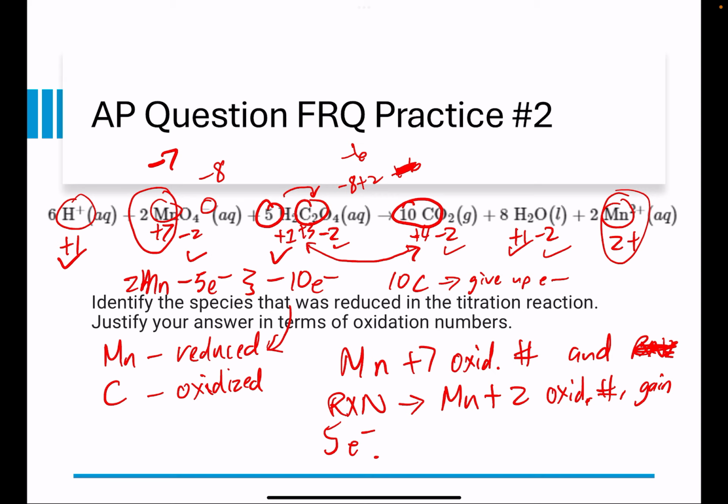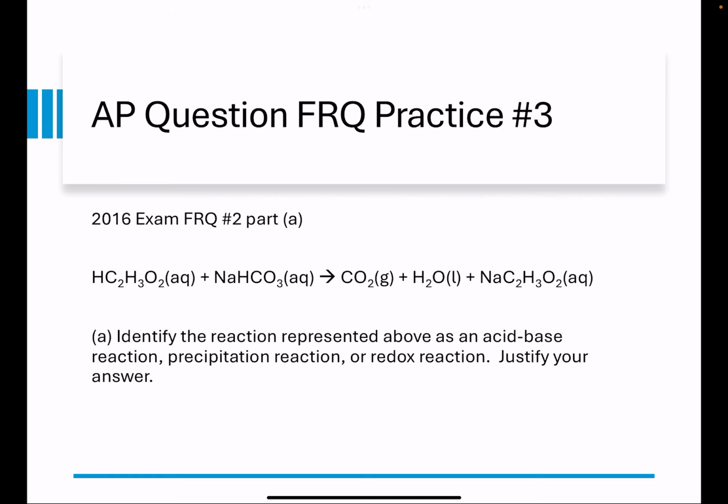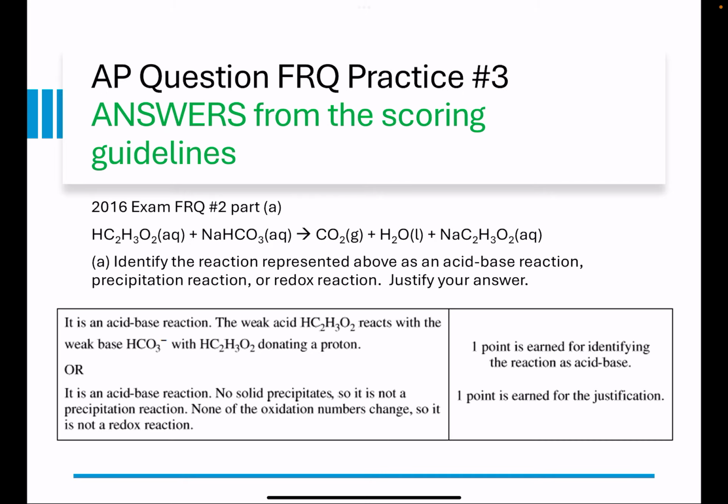And therefore it's the one being reduced. Good. Amazing. Easy.